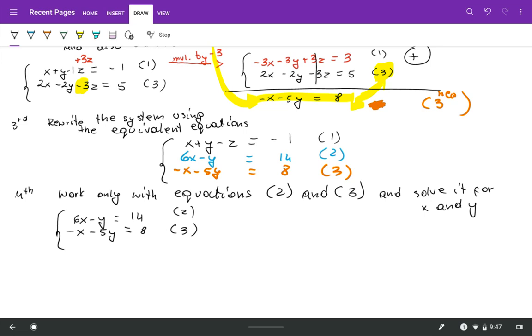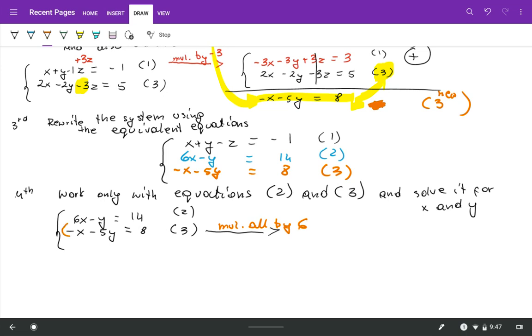I'm going to eliminate x. So I will multiply equation 3 by 6 because I really would like to have -6x in front of variable x. So what we're going to do, multiply all by 6.